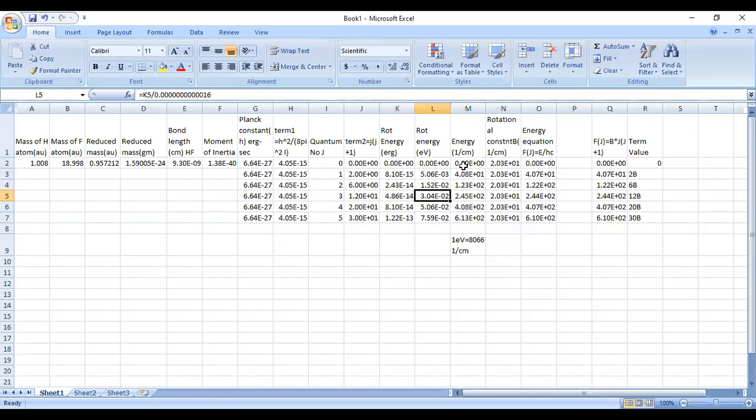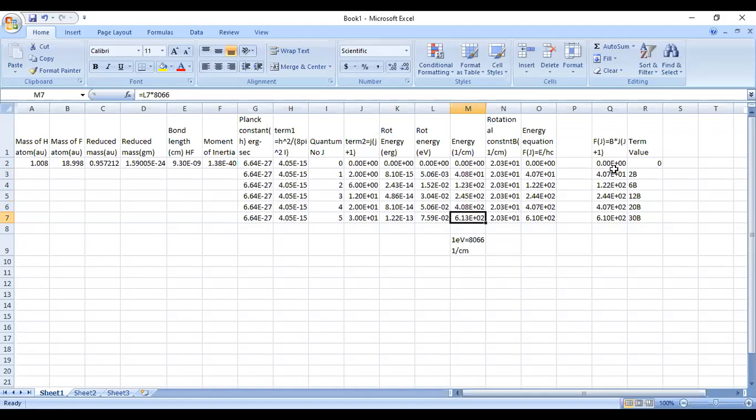You see, these rotational energies are in centimeter inverse. You have to understand this conversion also.